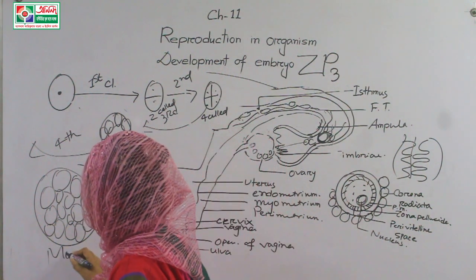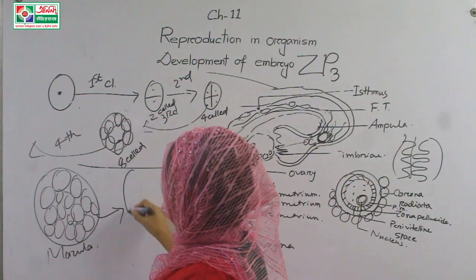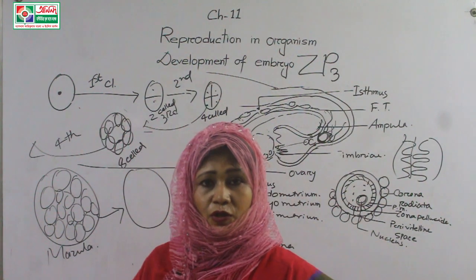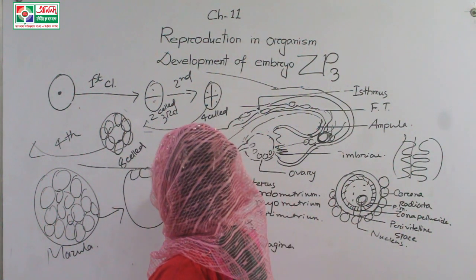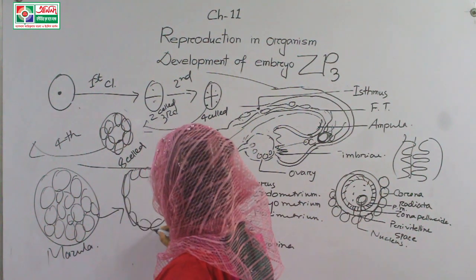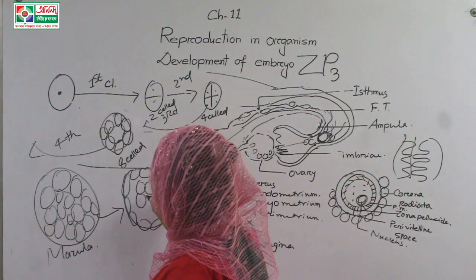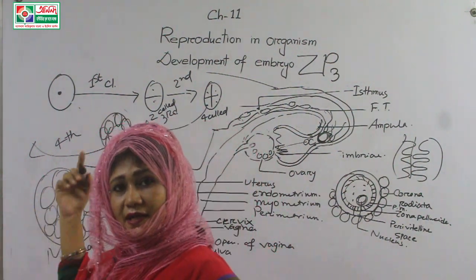Morula. And after that it becomes a 2-layer structure, the inner cell mass and the outer cell mass.